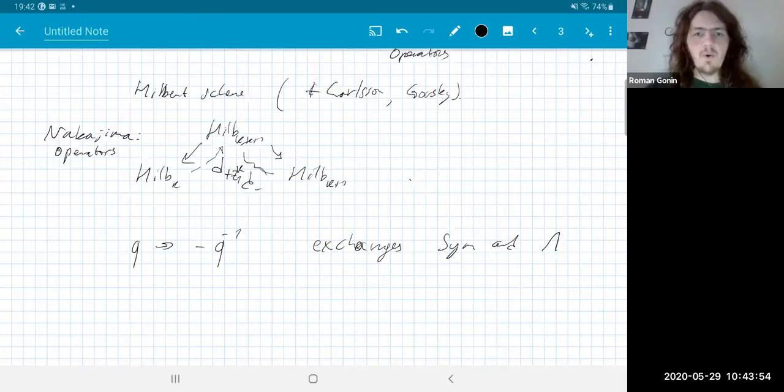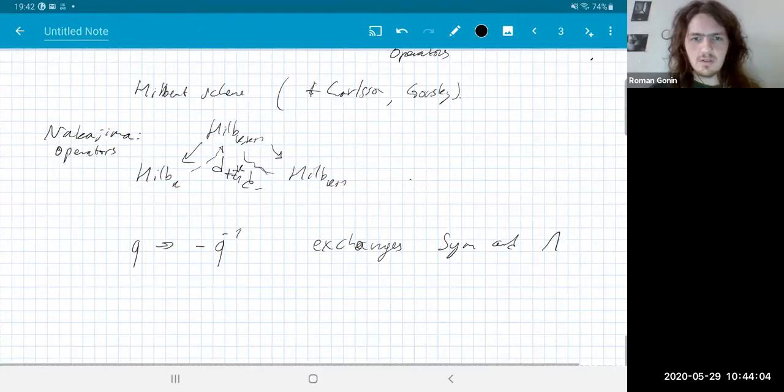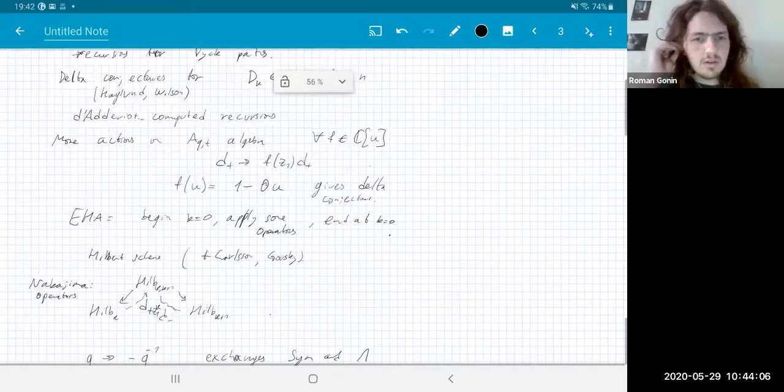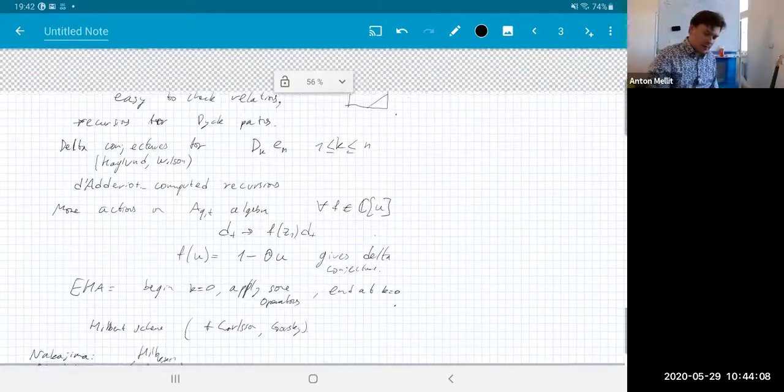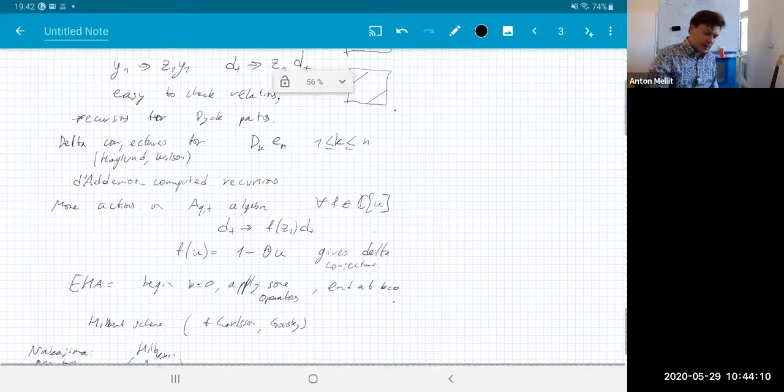When you said more action, did you mean something like a whole SL2Z or some extension of SL2Z? It's like some kind of deformation, maybe like a Lie algebra action.